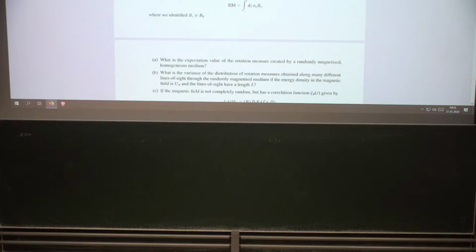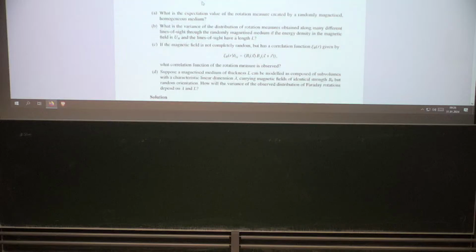You will only see that part of the field line that is parallel to the line of sight in the Faraday rotation. All right, the rotation measure is given by this, and the parallel direction is called the z direction now. Okay, now the questions are, what is the expectation value of the rotation measure created by a randomly magnetized homogeneous medium?